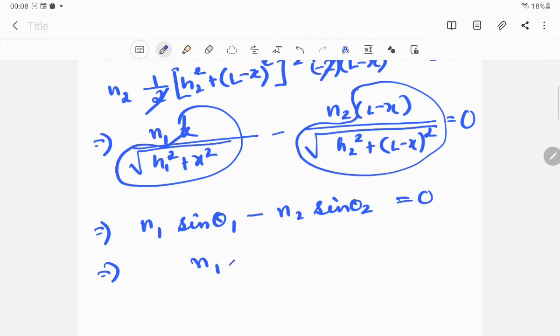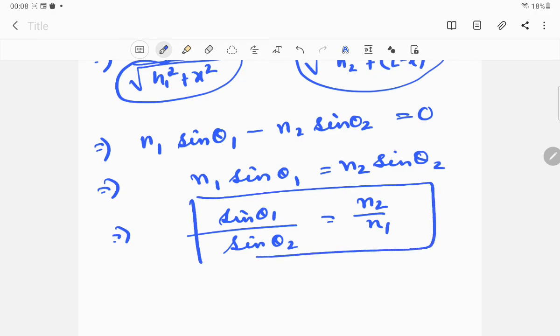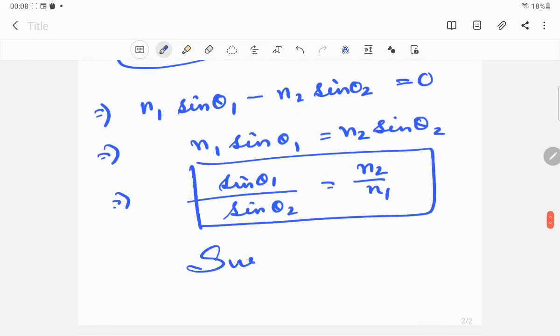So we can write N1 sine theta 1 is equal to N2 sine theta 2. So sine theta 1 divided by sine theta 2 is equal to N2 by N1. So this is nothing but Snell's law of refraction.